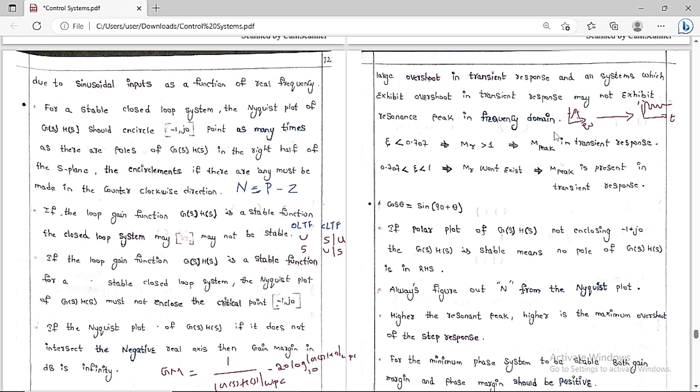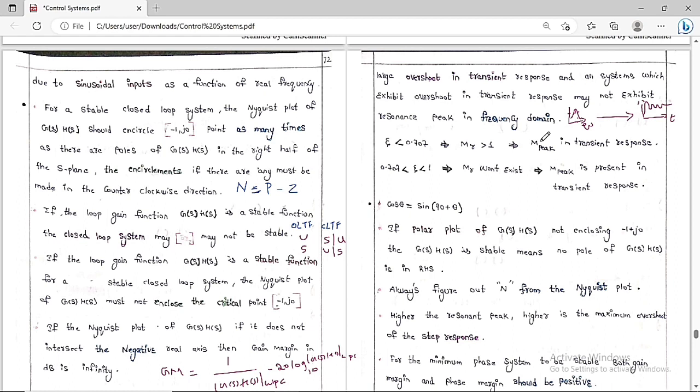If you have a resonant peak in the frequency domain, then in the time domain you will have a peak value. But suppose you have a peak value in the time domain, it is not necessary to have a resonant peak in the frequency domain. So only in this direction it is true, but not vice versa.